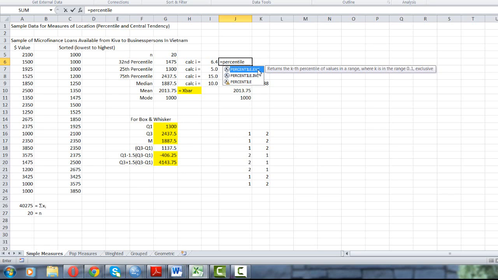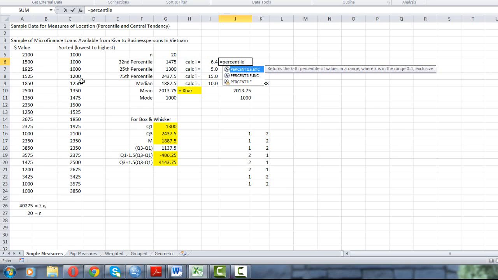There's PERCENTILE.EXC and INC, and these two are essentially the same. For smaller data sets, most people like to use the INC, but it basically has to do with what it does here in computing the rank, the i value. If we were to use that, it would be different than what we have here, because it tries to interpolate.